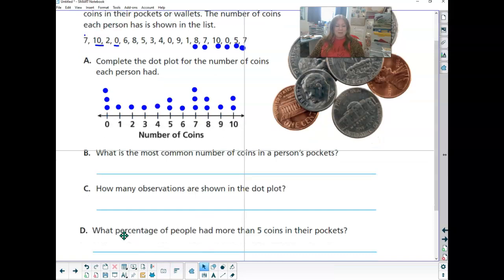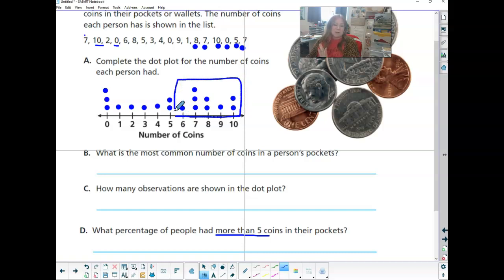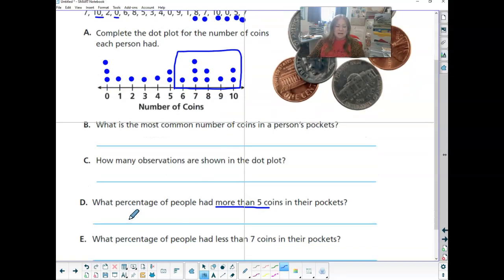Okay, let's see, letter D. What percentage of people had more than 5? So you have to, more than 5, not 5, more than 5. So we're going to look at these people here. So we need to set up our problem.